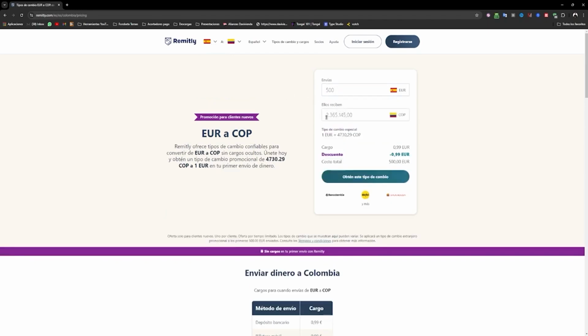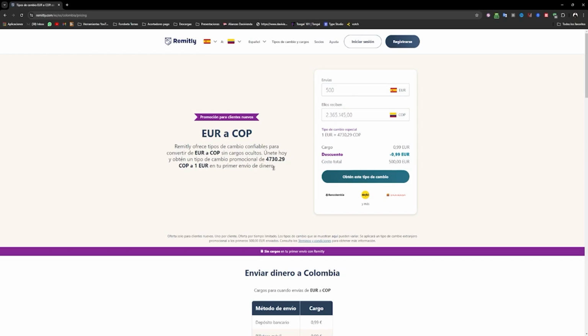Therefore, in this context, if someone intends to send money from Spain to Colombia, simply here, if you are sending that money, you input, for example, 500 euros, and it will display that the recipient in Colombia will receive, in this case, 265,141. It then informs us here that the fee is 99 cents of a dollar, and this is essentially what we will receive, and then the money can be sent to the recipient.